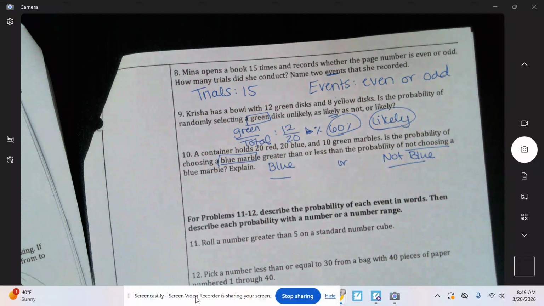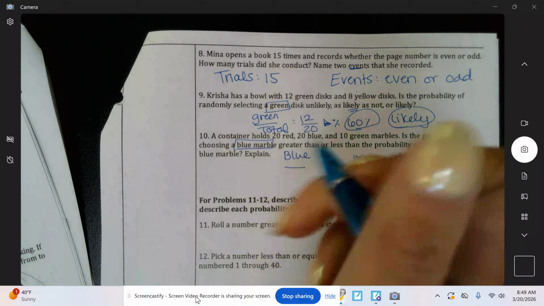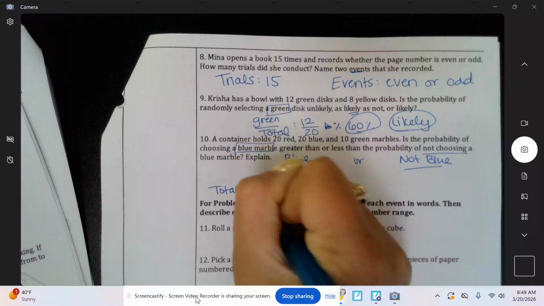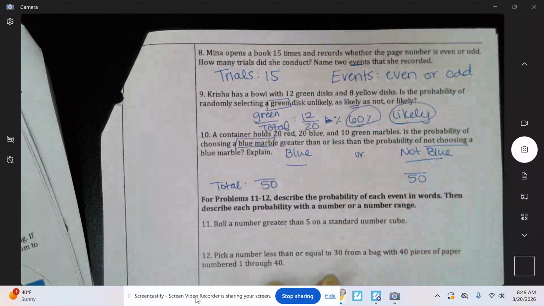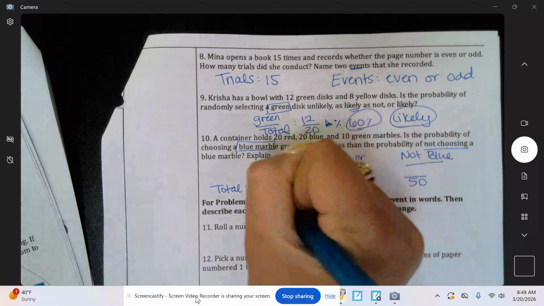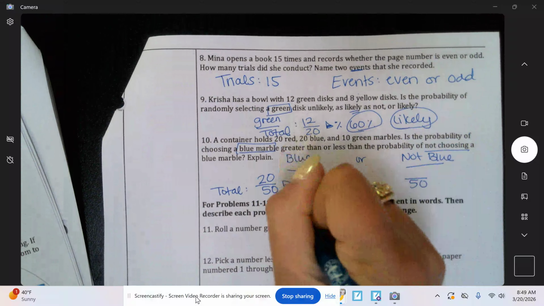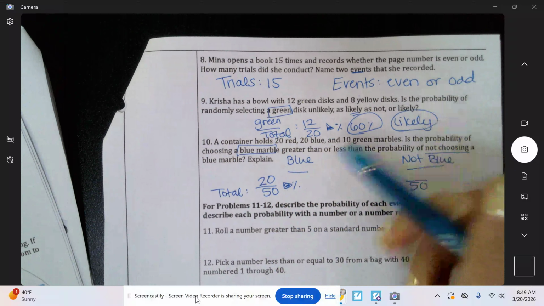First thing you need to do is figure out the total amount of marbles you have. 20 red, 20 blue, 10 green gives you a total of... Alright, so what was your percentage for blue?